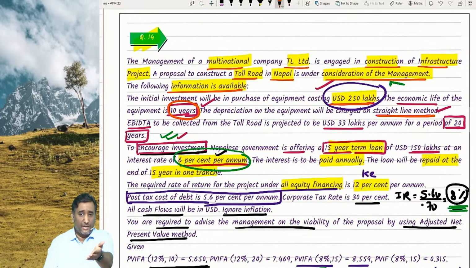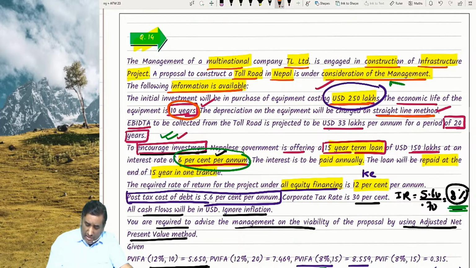It should be TD, earnings before interest tax. I don't know when they'll write it, anyhow they've written it. It's okay. Practically this term, I think I would have told you in the M&A also. Anyhow, objective is same.